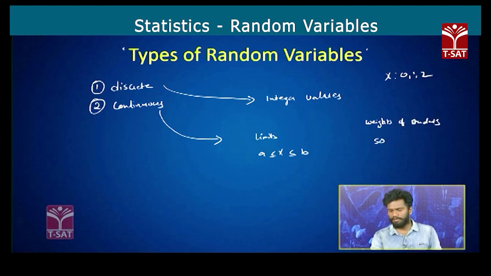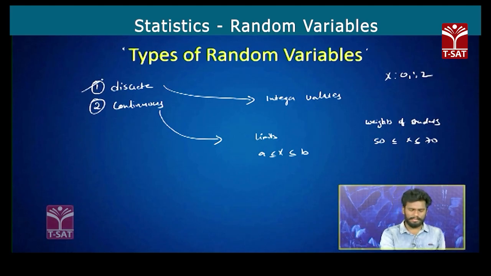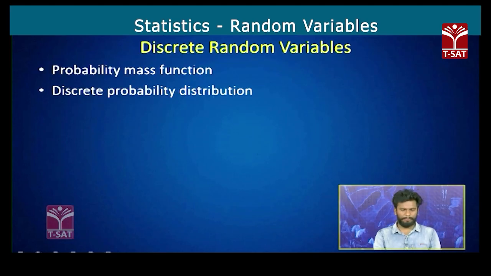Let us suppose 50 to 70, the range. So between 50 to 70, the random variable can take any value. It may be 50.4, 50.5, 60, 60.2, maybe anything within the limits. Now you'll see discrete random variable and continuous random variable in detail.